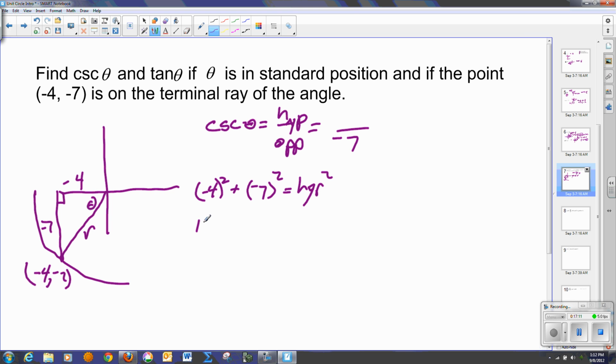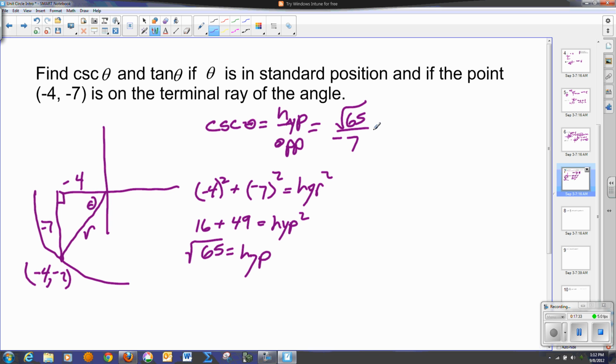I have 16 plus 49 is equal to that hypotenuse squared. Add these guys up. That appears to be about root 65, equaling my hypotenuse. So I'm going to throw root 65 up here, and that's equal to the cosecant of my angle theta.